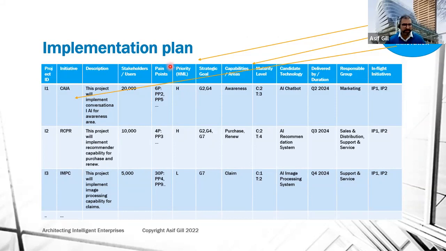Also your tactical or operational pain points. And then there's architecture, where we're looking at the different candidate capability areas, maturity level in the architecture and technology candidates. And then there's the innovation piece, which are the innovation initiatives. So that's how strategy, architecture, innovation link together through an implementation plan.